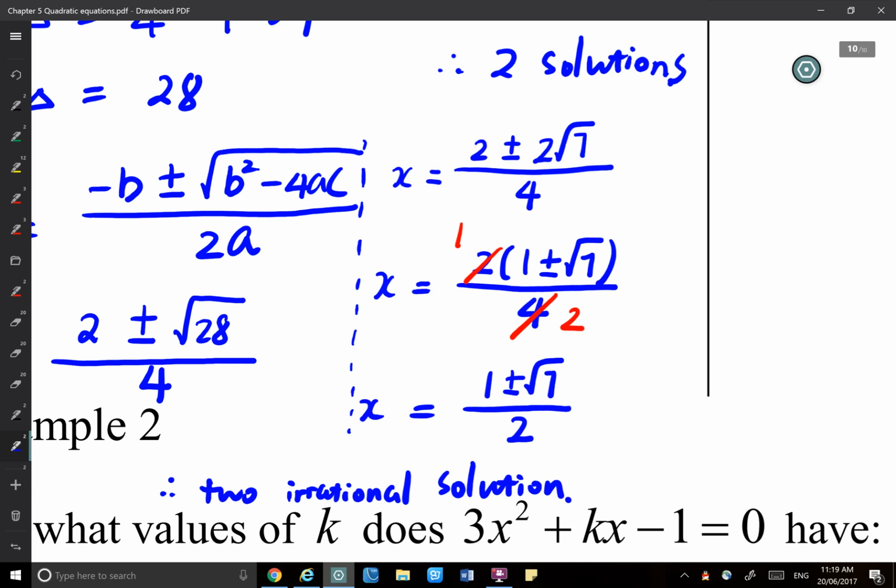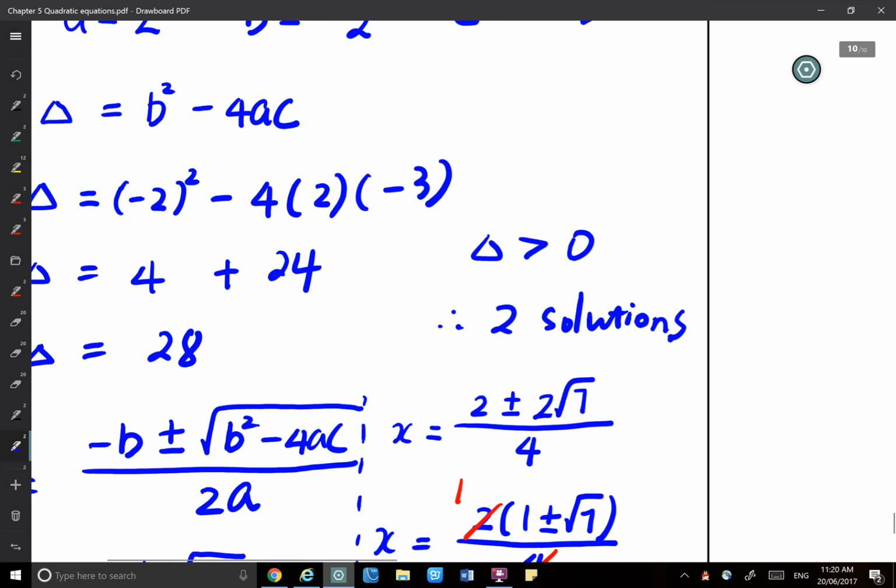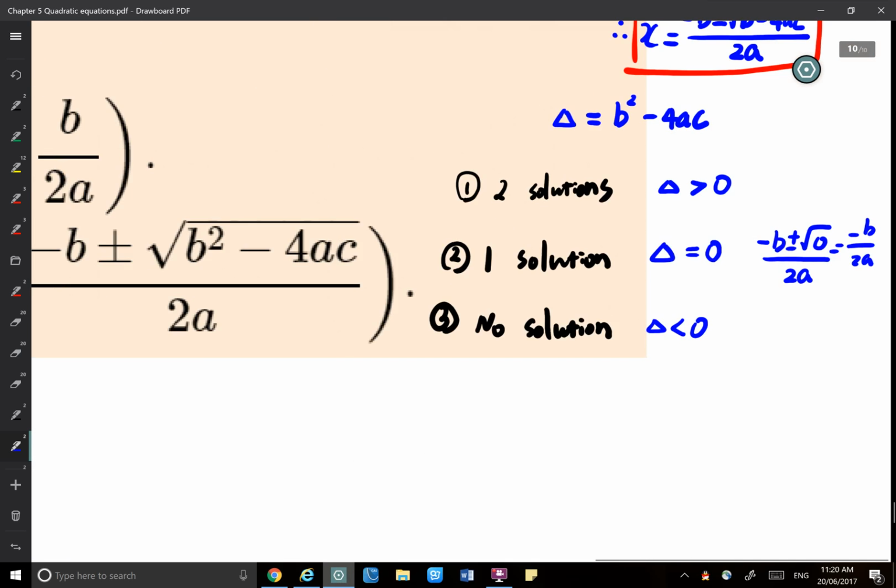The third. Okay, the third. So can you let me know in which case you will have rational solutions? For square numbers. Okay, that's square numbers. So you will add a line here at the top.